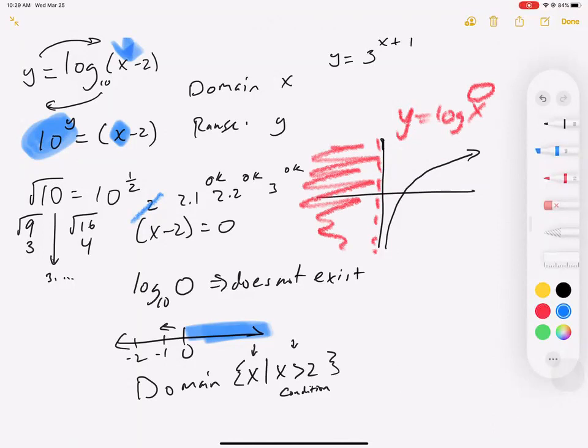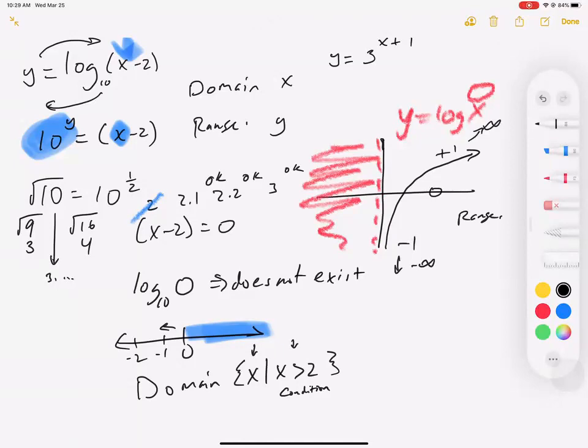The answer could be -1, it could be 0, it could be +1. It could go all the way to infinity, all the way to -infinity. And that's our range. So just by looking at the graph, we see that y can be anything we want.